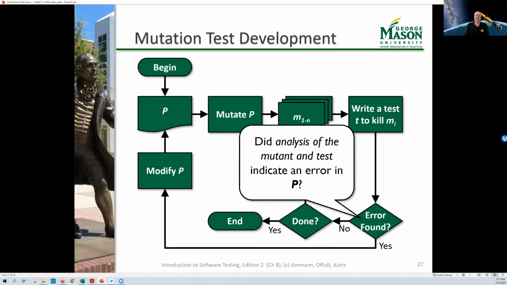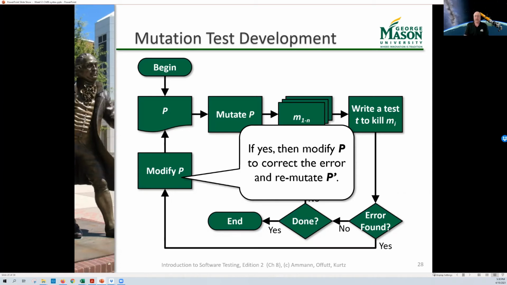Right? So it's actually my analysis process in the course of writing a test to kill this mutant, or in the course of analyzing this mutant and determining that it was equivalent. Did I find a defect in my program? And if I did, then I'll modify the program, and then I'll remutate it into a whole new set of mutants, and I'll start the process all over again.